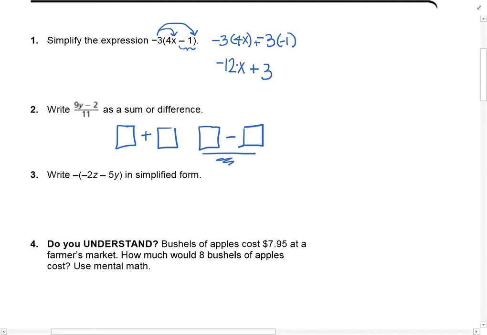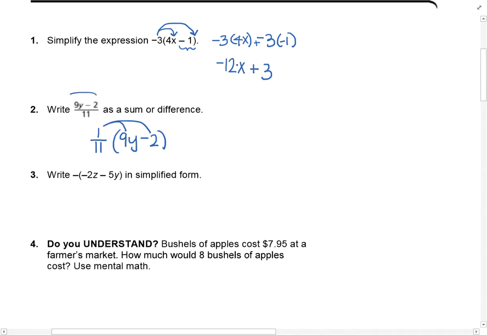Okay, so that's our goal. All right, so one way that we can do that is we can sort of think of this like distribution. Instead of dividing by 11, we can think of it like we're multiplying by 1 over 11 times 9y minus 2. And it's kind of like we're distributing.